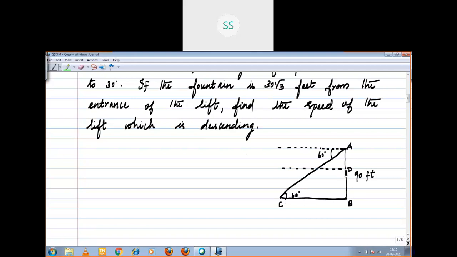Then after 2 minutes, again you are seeing the same thing. It makes an angle of 30 degrees. This is 60. This alone is 30.